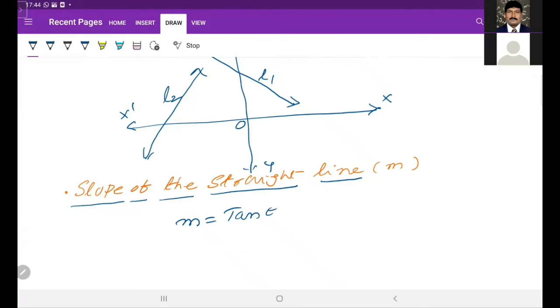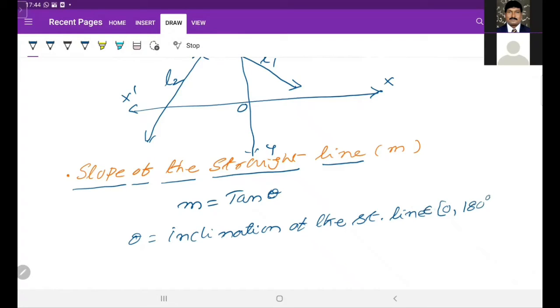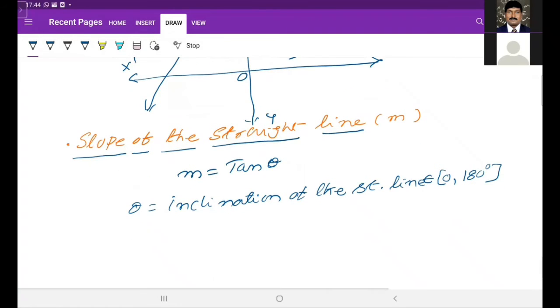What is theta? Theta is the inclination of the straight line, as above. This value belongs to 0 to 180 degrees, for a horizontal line, vertical line, inclined line, everything. Understand?